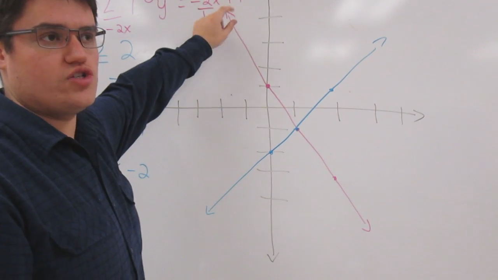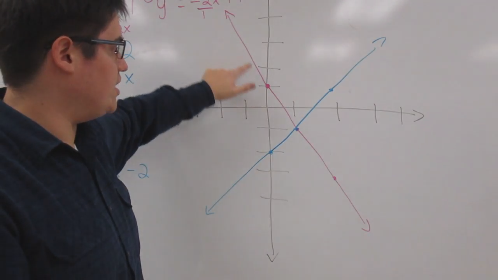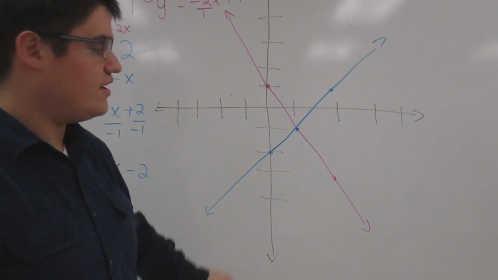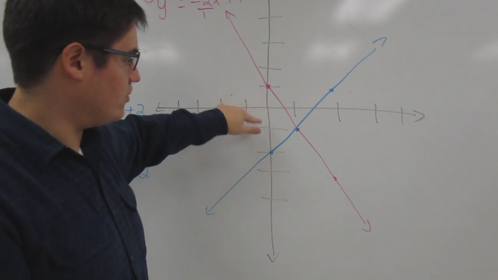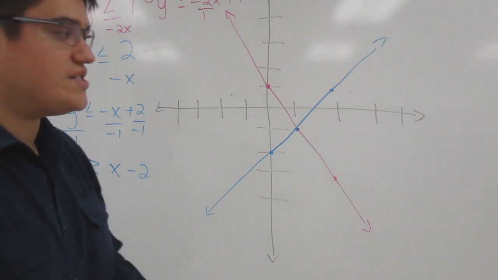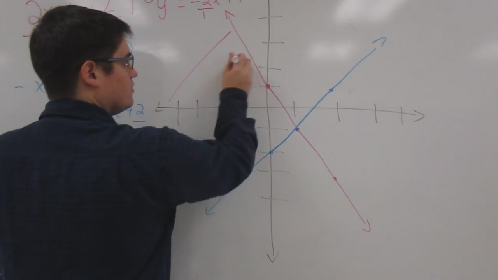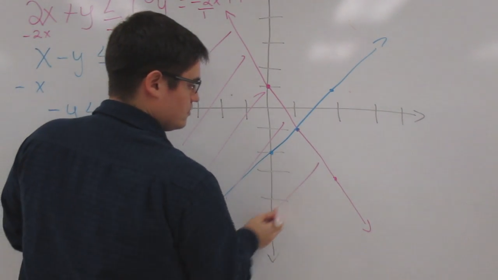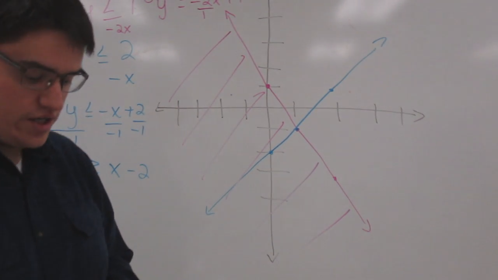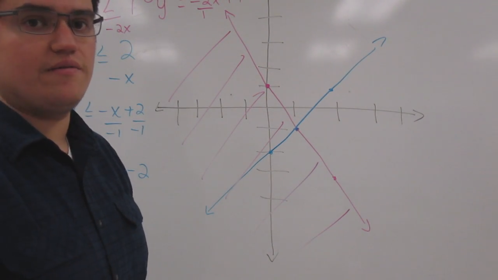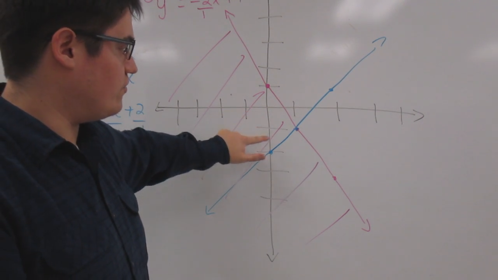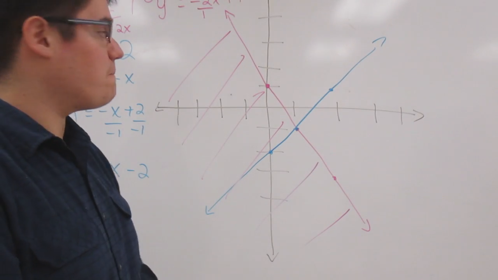So I'm looking for the y values going down this way, that are less than the line. So I'm going to shade that area right there, because that's all the y values that are less than that pink line, like 0, negative 1, negative 2, negative 3.